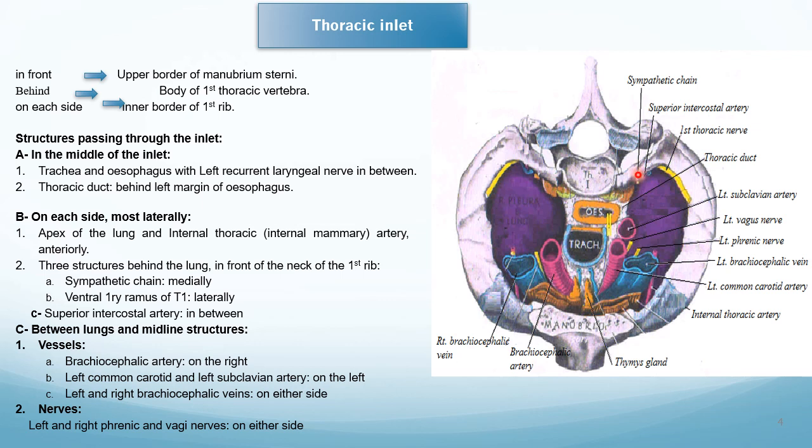Posteriorly, in front of the neck of the first rib, three structures are arranged from medial to lateral: the sympathetic chain, the superior intercostal artery, and laterally the primary ramus of the first thoracic spinal nerve.